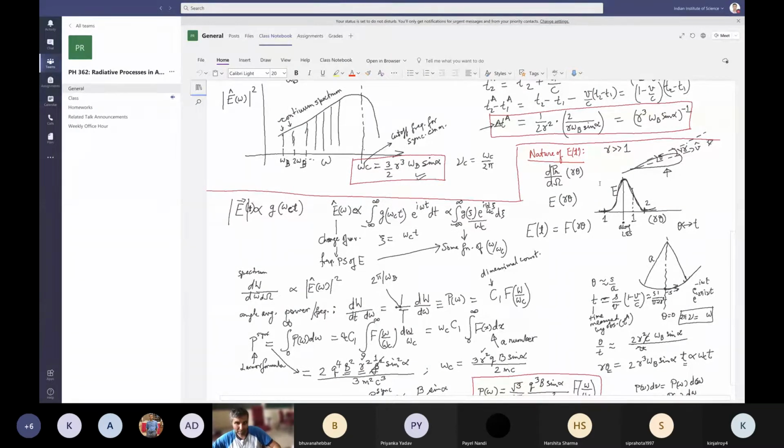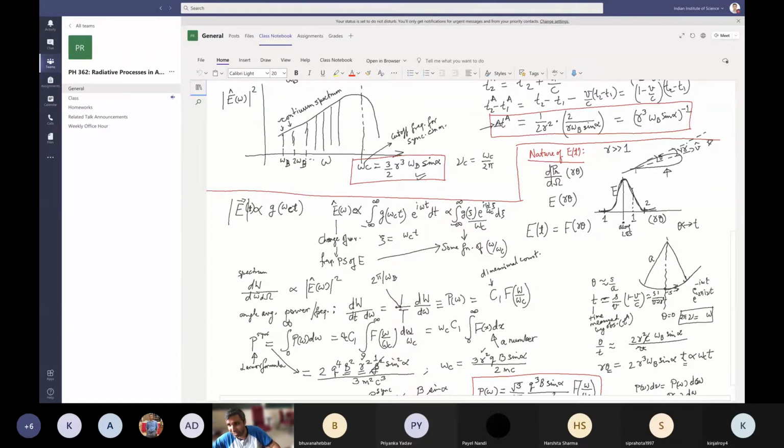Okay, so this frequency, gamma cubed omega b sine alpha, is very critical, right? So then I argued that the electric field measured by the observer is only a function of gamma theta, because the beam is of size 1 by gamma. The idea is that the electric field measured for different gammas for relativistic particles can be scaled to one another as long as you keep gamma theta fixed.